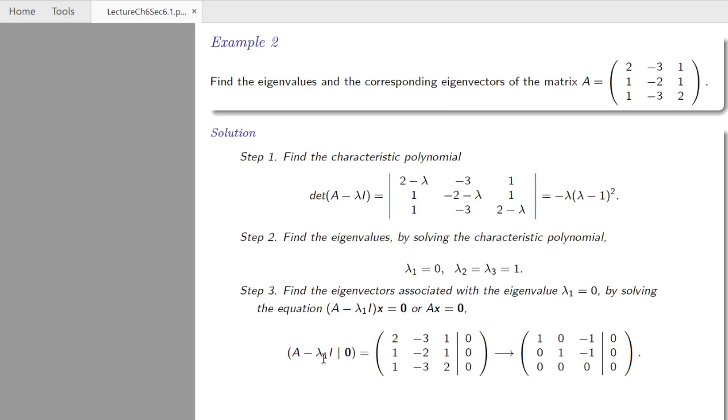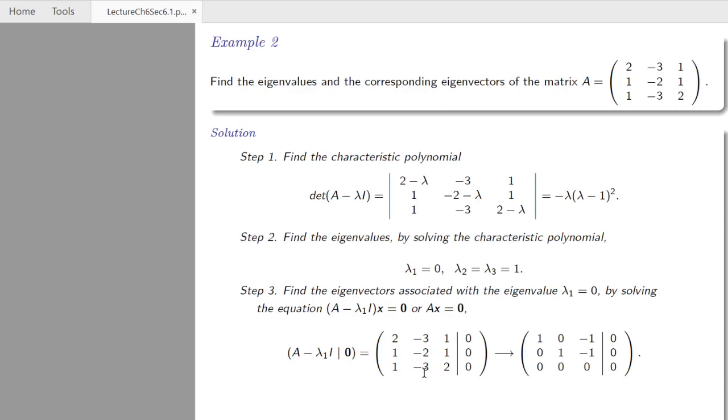Because lambda 1 is 0, this is just matrix A, and the right column is the 0 vector in the system Ax equals 0.